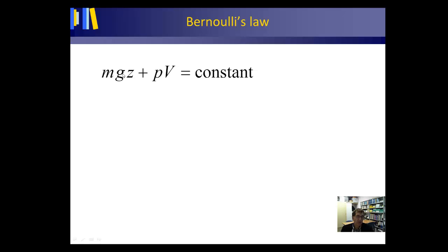Kilograms times meter per squared second times meters gives you joule as an energy term here. Here we have the pressure. This is your pressure energy. p is pressure in Newton per square meter, and V is the volume of your water in cubic meter. So Newton per square meters times cubic meters gives you Newton meters, which is also joule.